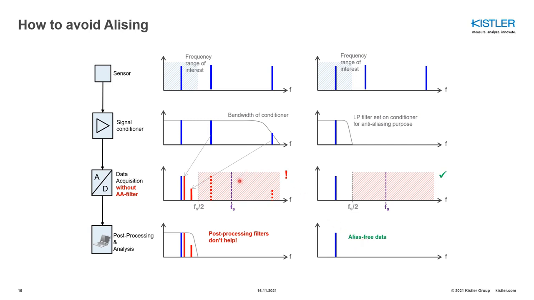But as explained before, on the left-hand side, since we have not used any filter, and we don't have any anti-aliasing filter in our data acquisition system either, what we will be measuring are false frequencies. Some researchers do filtering after acquiring the data, but it will be too late, because even if you put your low-pass filter where you are interested, you will still be seeing those false frequencies that are actually not existing in your system.